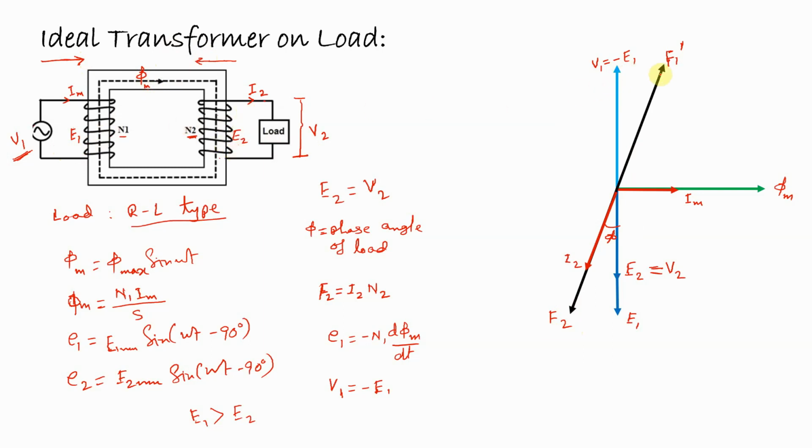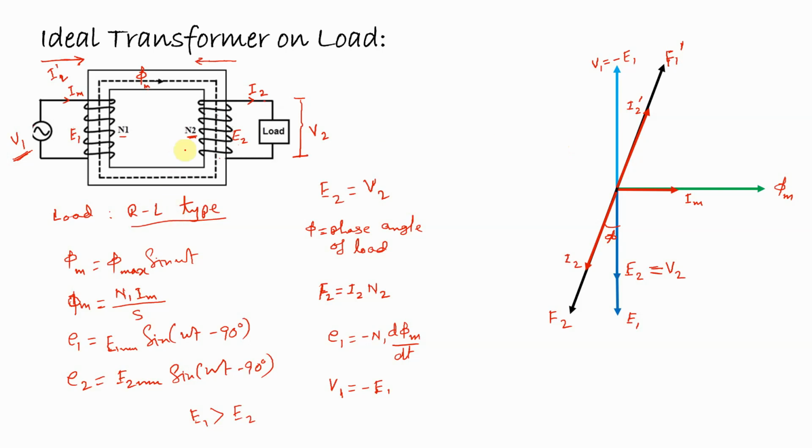So to produce this extra magnetomotive force in the primary side, we require some extra current. This extra current is represented as I1 dash, or sometimes it is considered as I2 dash. This is called the load component of the primary current.